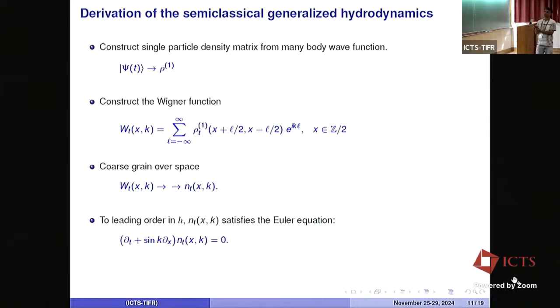This is completely microscopic and contains complete information about the system. But if we coarse-grain this a bit in space over cells of size h bar, we get the semi-classical phase space density, which is the hydrodynamic field. One can show this satisfies exactly this equation up to corrections of h bar. So this is not an exact equation; it's correct up to correction factors of h bar.